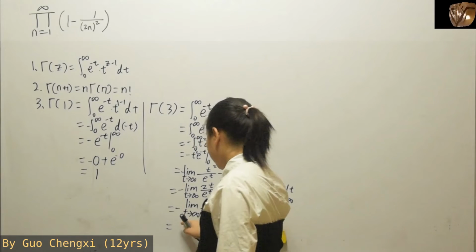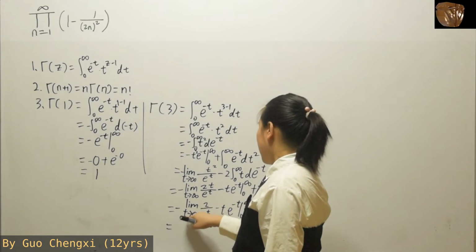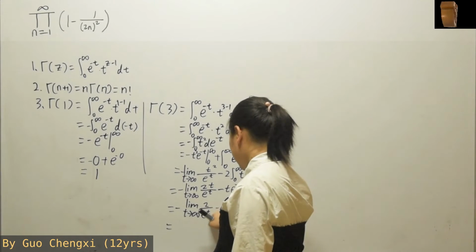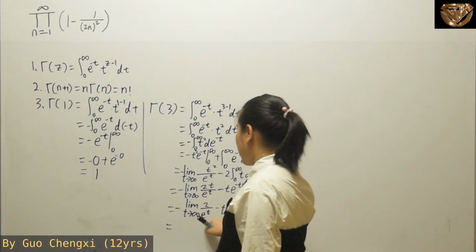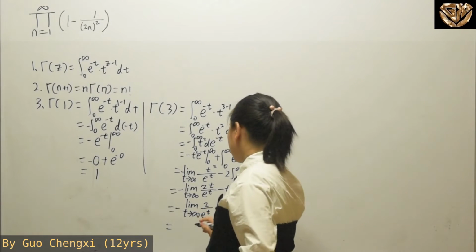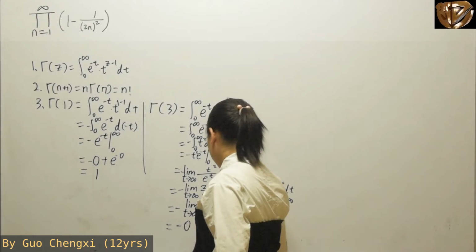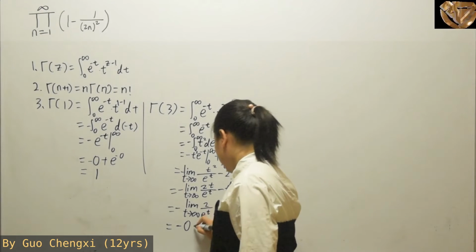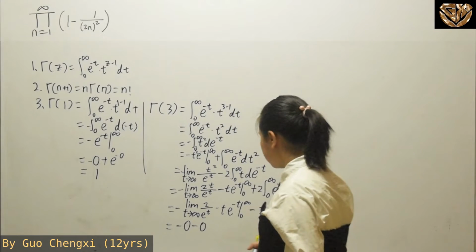So for this part, as you can tell, when you sub it in, on the denominator you get an infinity, while the numerator you get a 2. So here will be negative 0, and since this is practically the same situation, it will also be another minus 0.